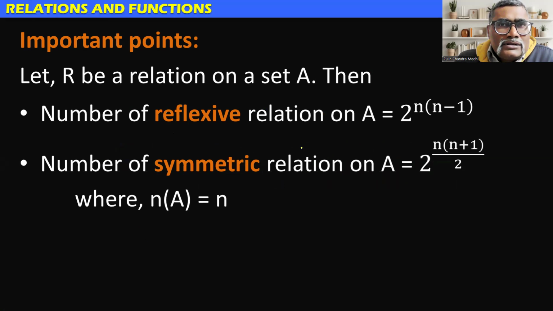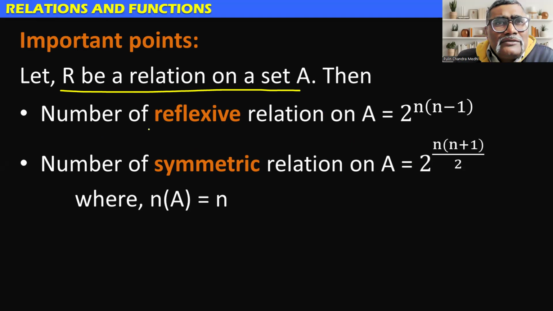And of course, I have just written the formula. There are good deductions for it, not a difficult one. But as it is not required, I have just written the formula for you. So you try to remember that and try to use it directly when it comes. So what are those two informations? R be any relation on a given set A.